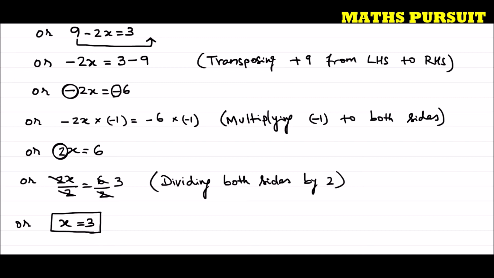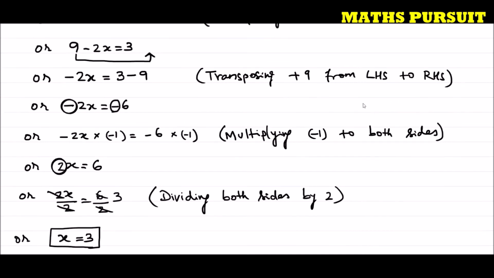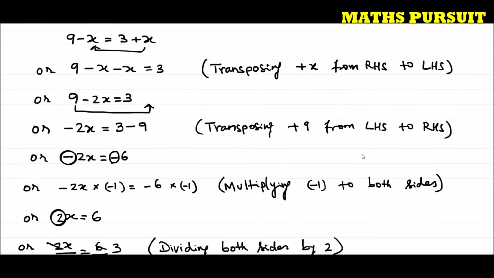Now guys, let us put this value in any of the equations and find out the value of y. Now we are going to put this value of x in any of the equations.